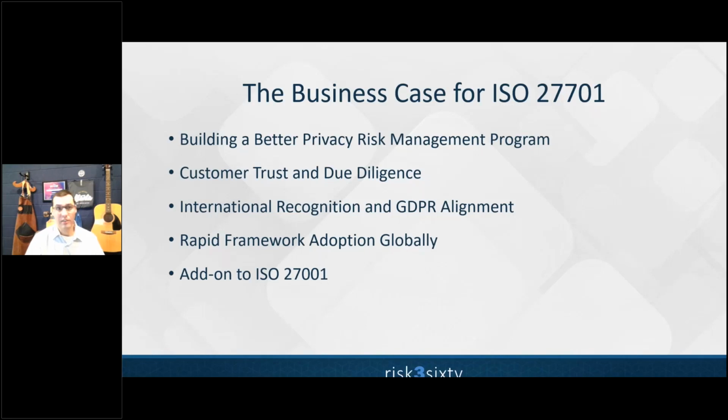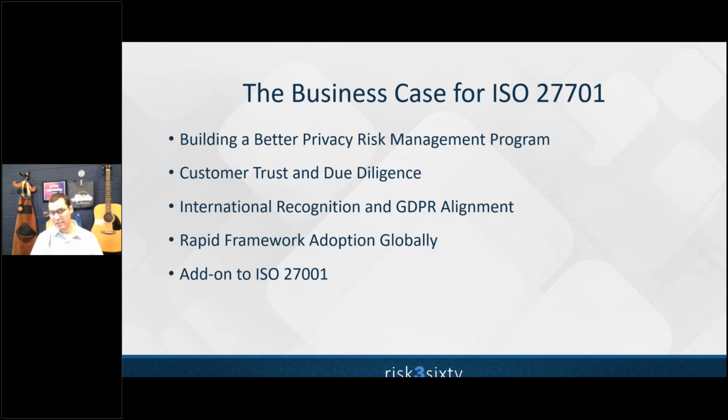In addition, international recognition and GDPR alignment. So like we mentioned up top, ISO is an international organization. The standards are well respected and known across the globe. And the 27701 standard specifically is designed in a lot of ways to align with the GDPR. Has very good coverage.